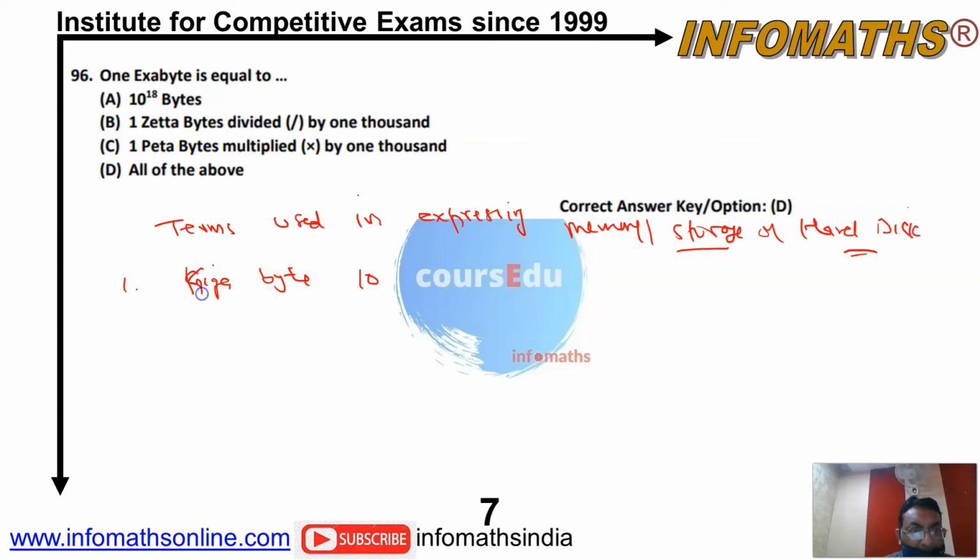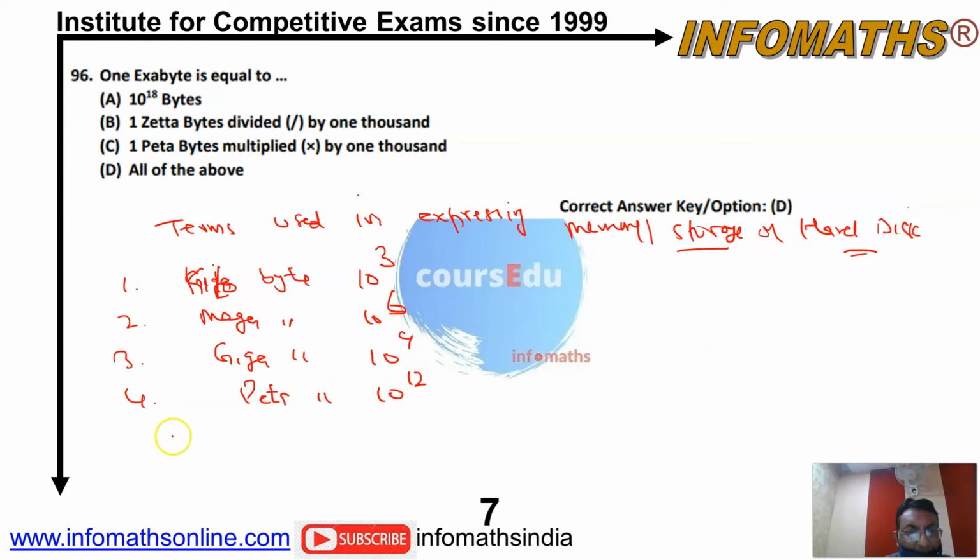One is kilobyte. Kilobyte is 10 raised to power 3. Then comes megabyte. You have to keep the difference of 3 each time. Then giga, then peta. One more term will be there.